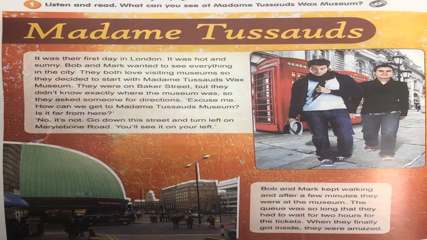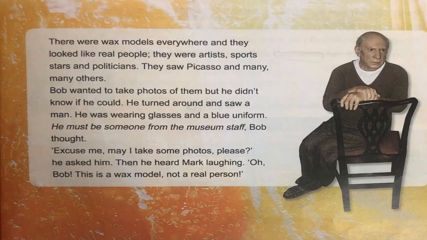The queue was so long that they had to wait for 2 hours for the tickets. When they finally got inside, they were amazed. There were wax models everywhere, and they looked like real people. They were artists, sports stars, and politicians. They saw Picasso and many, many others.